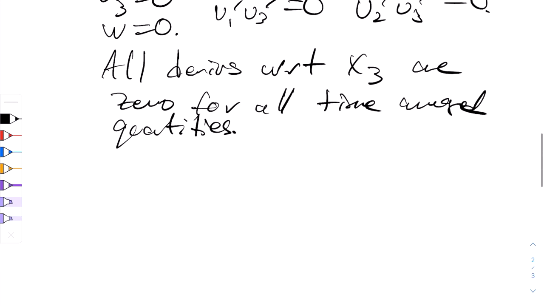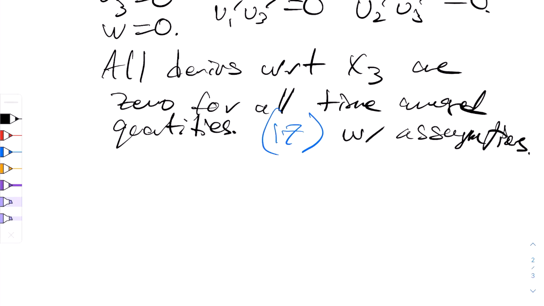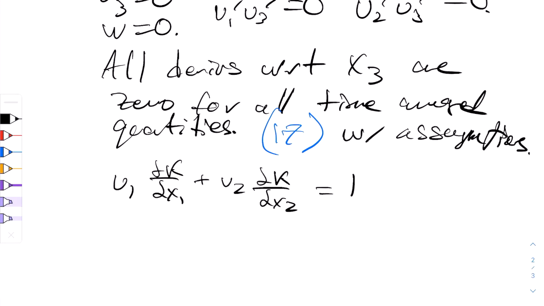Under these assumptions of two-dimensional flow, our equation 17 will become u_1 ∂K/∂x_1 + u_2 ∂K/∂x_2 = D + P_k − ε.